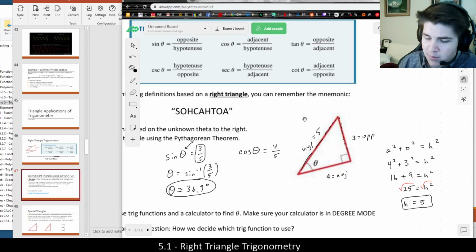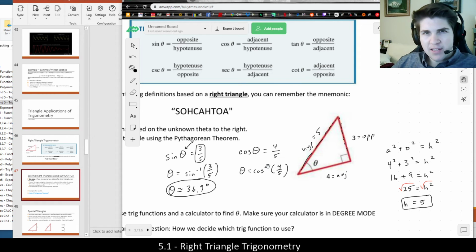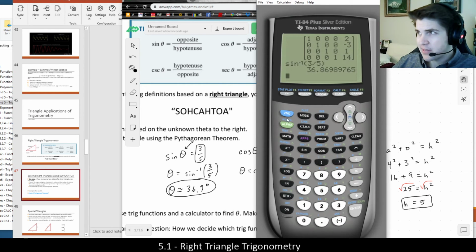And in exactly the same way, I could find theta by taking the arc cosine of 4/5. And this should always be the same answer as this one, because it's coming from the same triangle. So I should be getting the same answer when I do this.